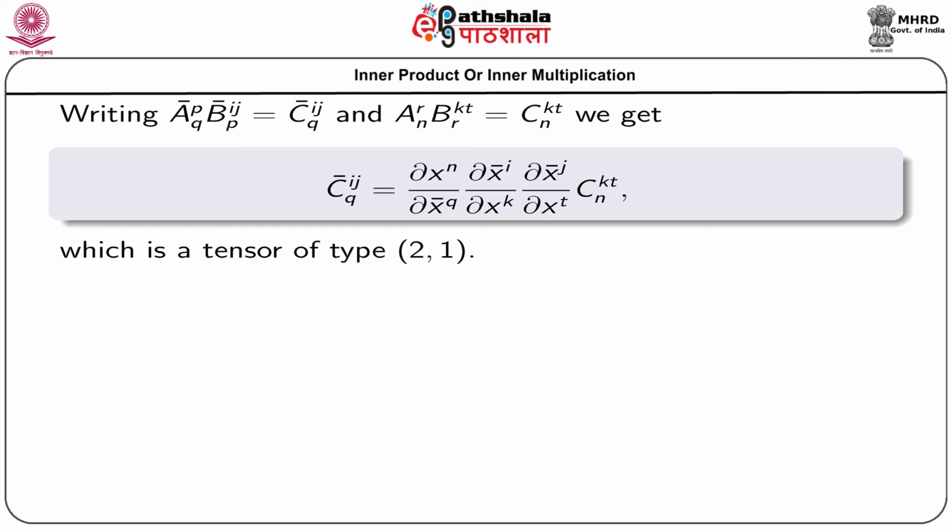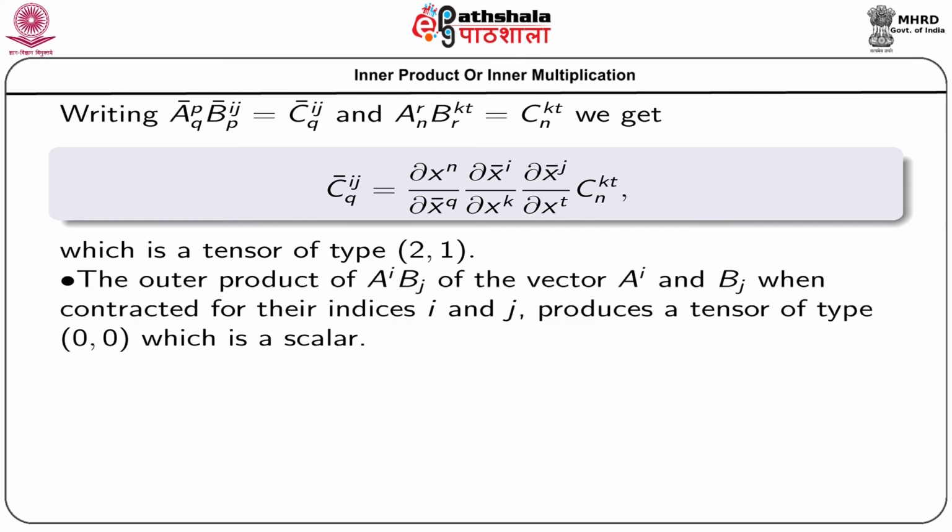So, the inner product of the tensors with components A^{PQ} and B_{IJ}^{L} is a tensor of type 2-1.